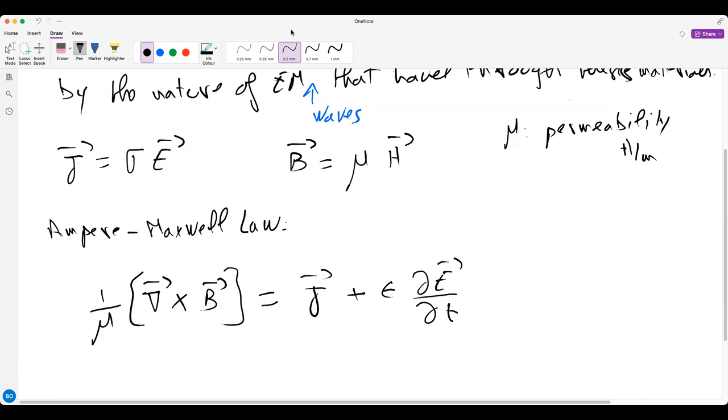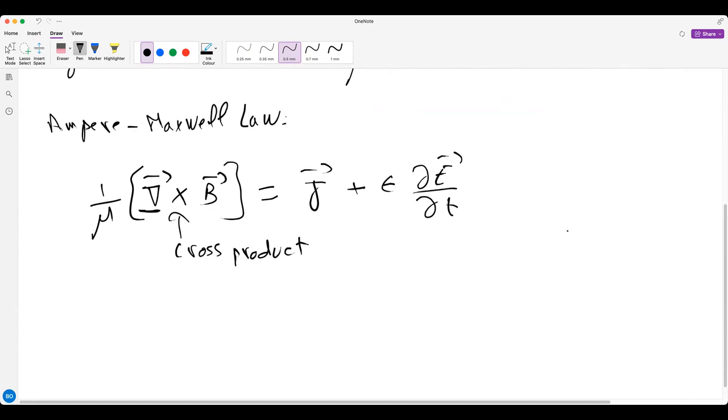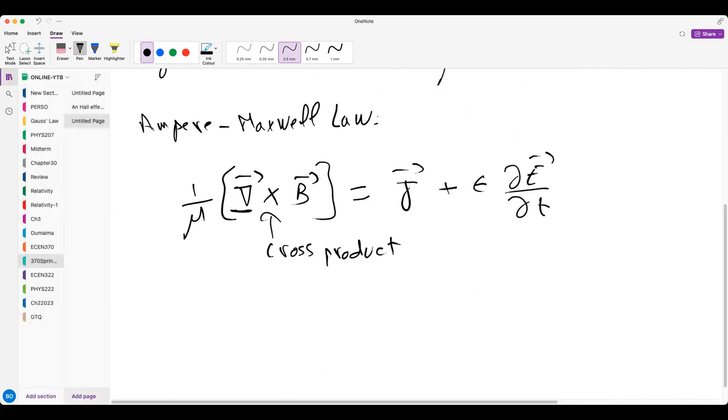This one is the cross product. This is what you wanted to ask. Nabla, I will explain it here.